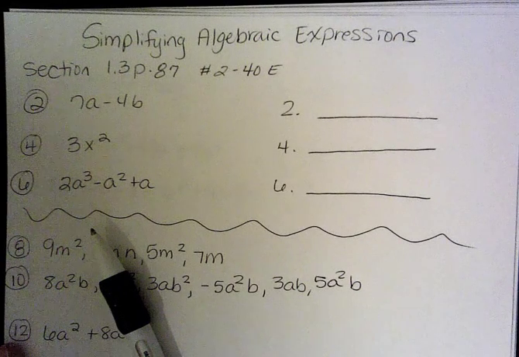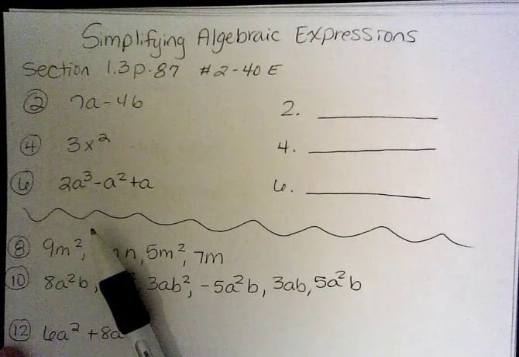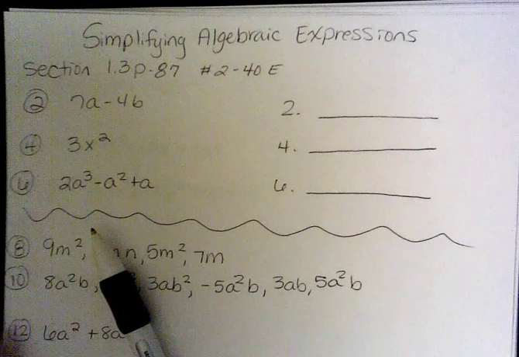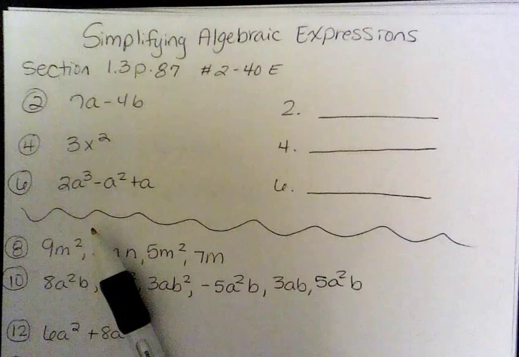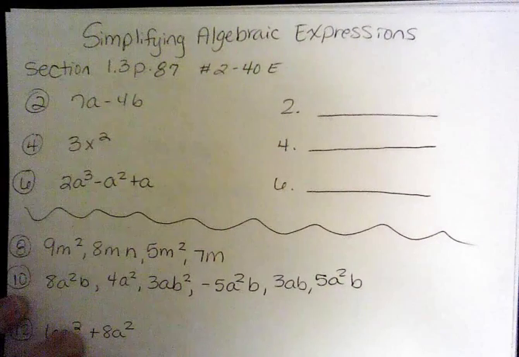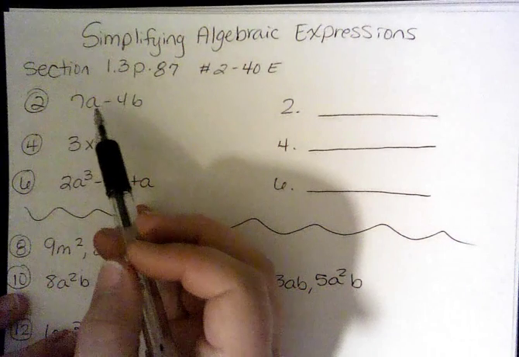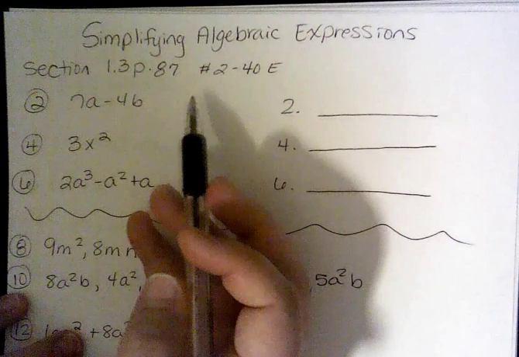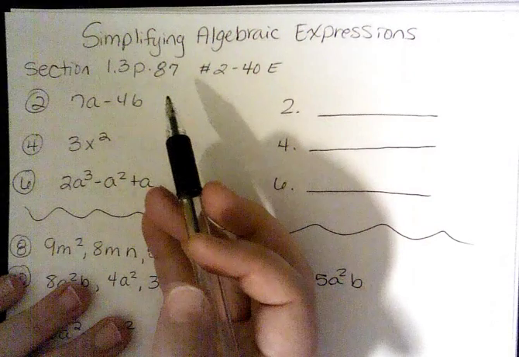So I generally tell my students that terms are separated by addition signs. The reason is to help you guys not mix up your signs, okay? So when we look on number 2 here, we've got 7a minus 4b. Well, we don't see any addition signs here, but we do see a subtraction sign.